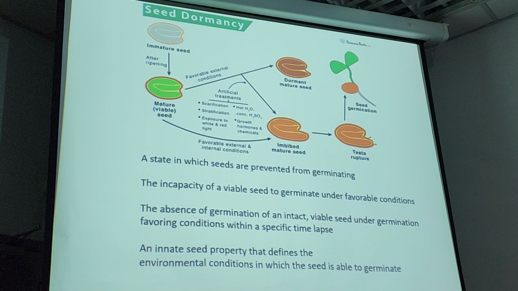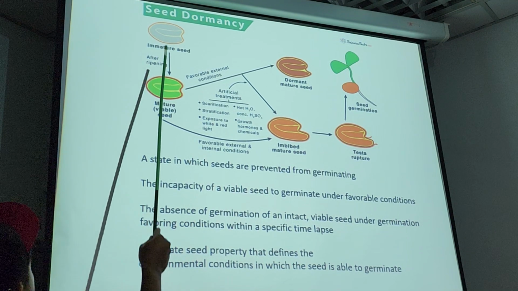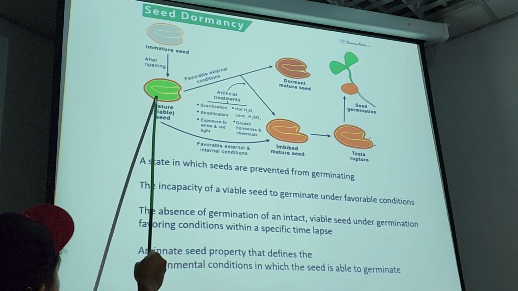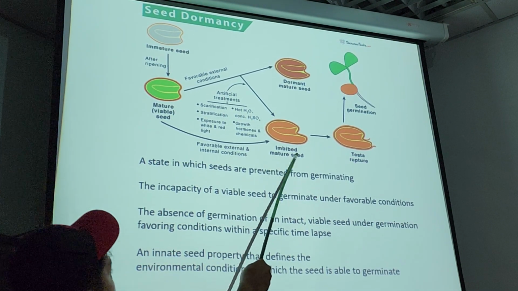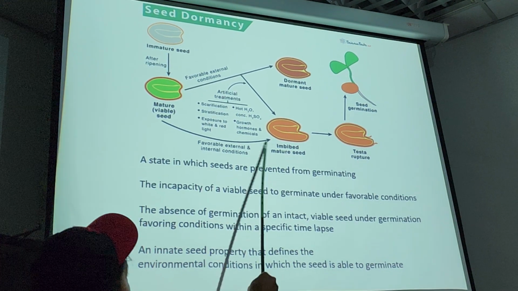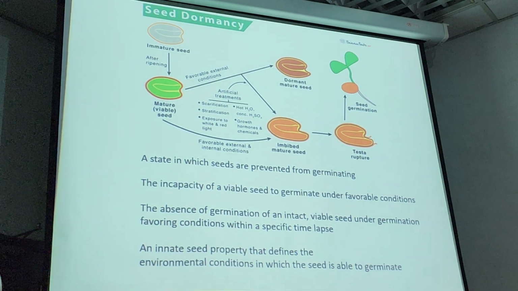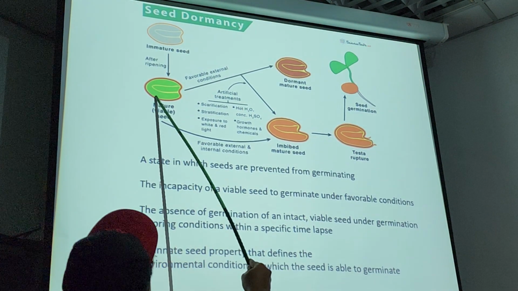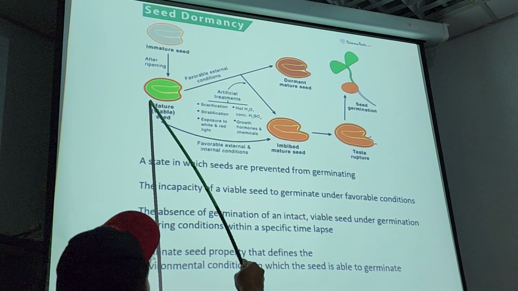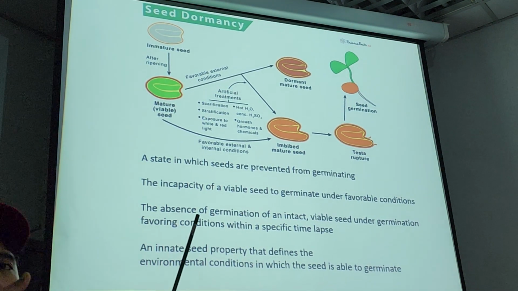Right. Okay. So this is the summary of what I just said. You get the seeds from the mother plant after ripening. The seeds can go straight to germinate, and usually these are the recalcitrant seeds, mangoes, rambutan. But there are a number of seeds that decide to go dormant after they have dried up.